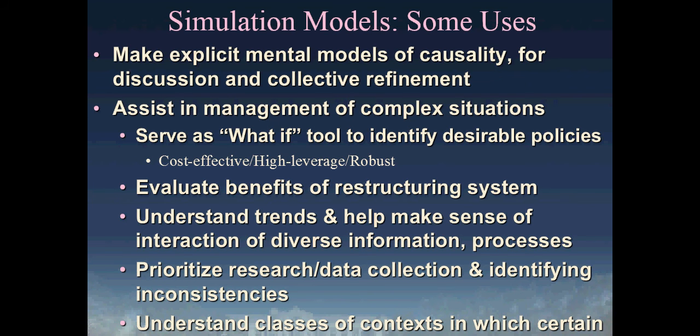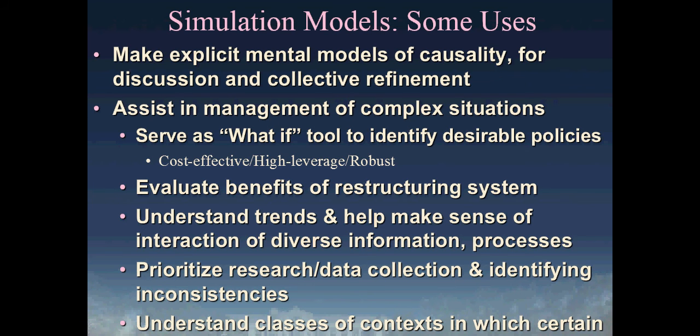For example, if we had a mechanism of having an HIV vaccine, so we could prevent people from being susceptible by giving them a vaccine, how would that affect things? They can help us understand patterns empirically, data that we see, because we can compare it to what's coming out of the model and say, is that consistent? If so, it lends some credence to my understanding of the system. Does my understanding of the system capture certain broad features?